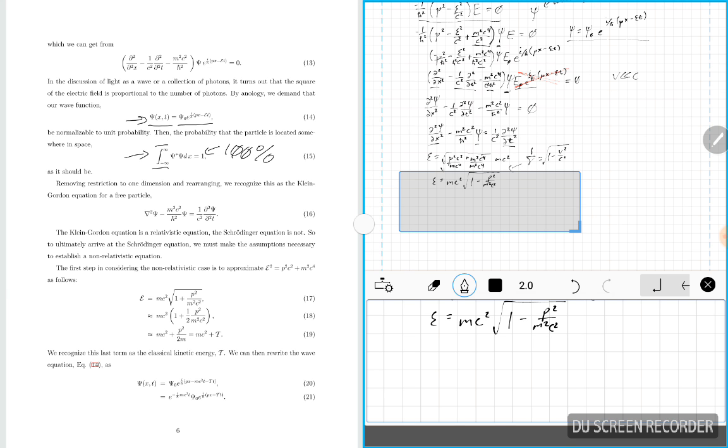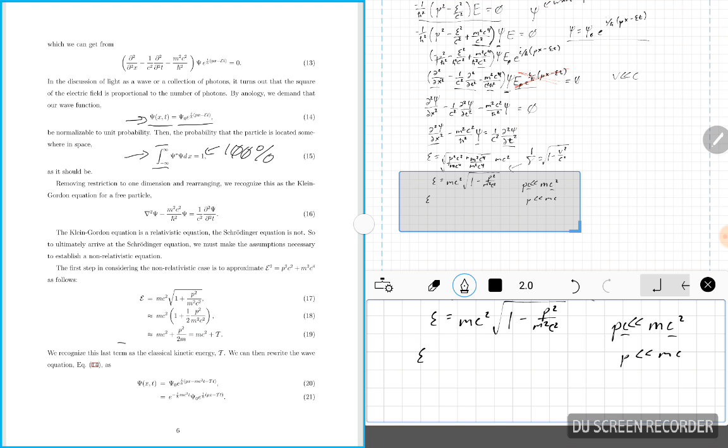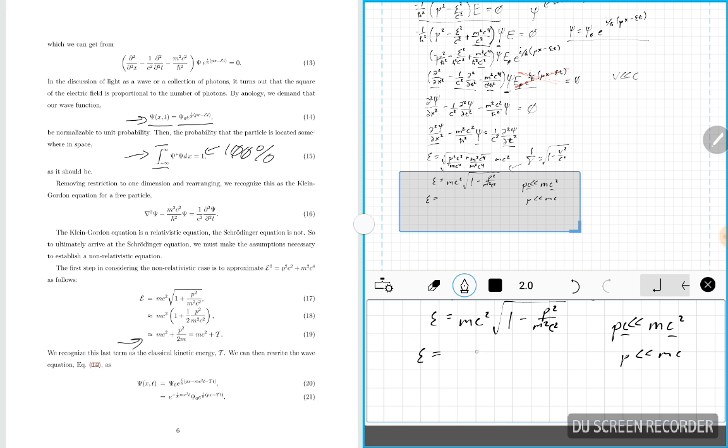Now, because we are assuming that the velocity is a lot smaller, that means that p is going to be much smaller than mc, or we could say p is much smaller than mass times c. So now we're just gonna do that approximation here.